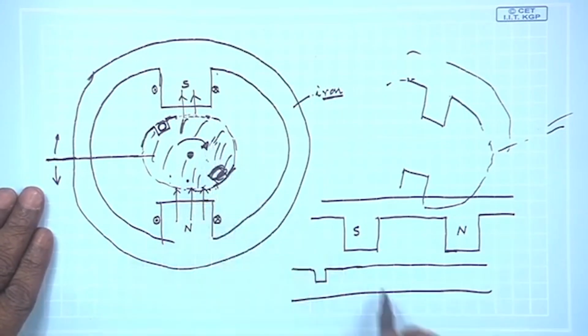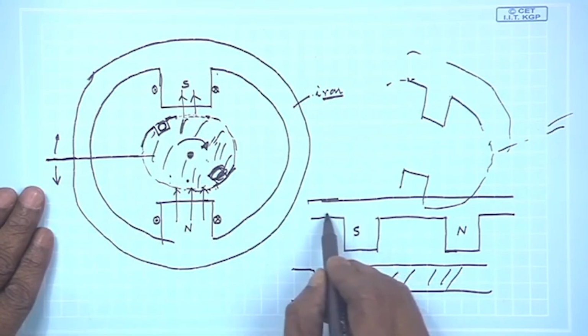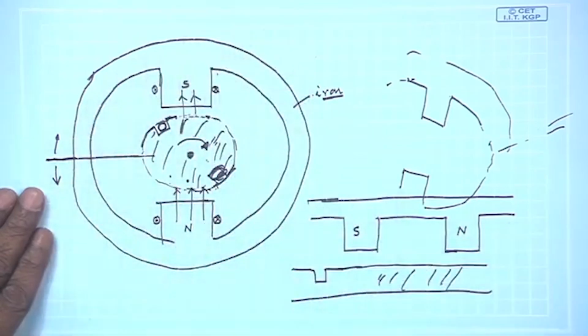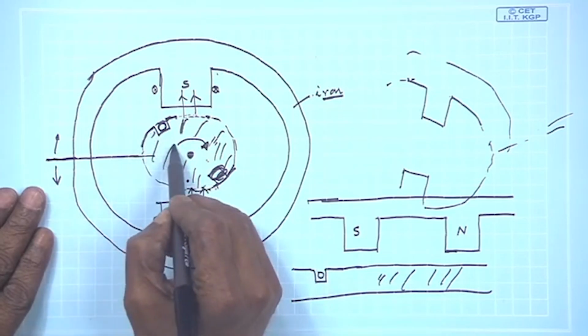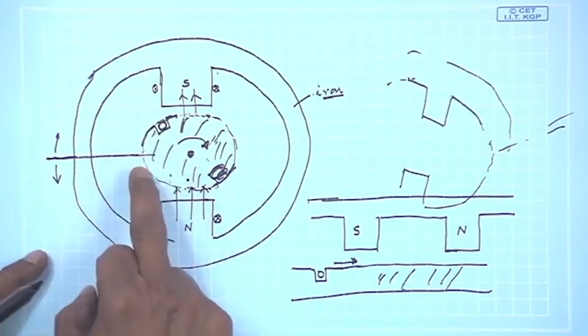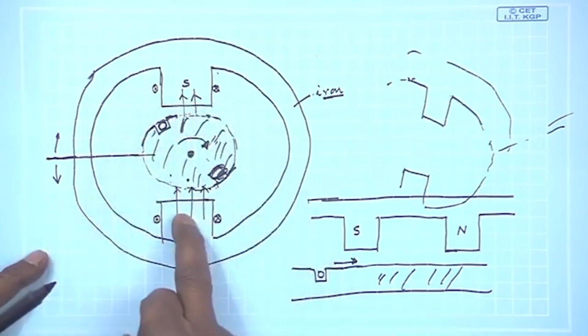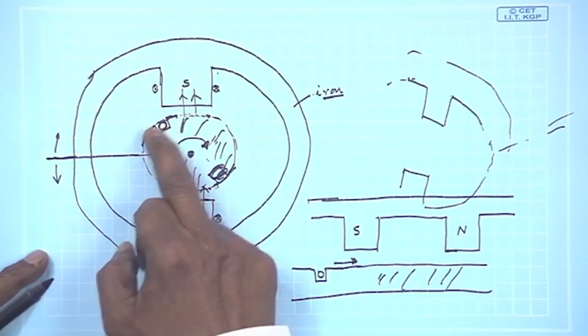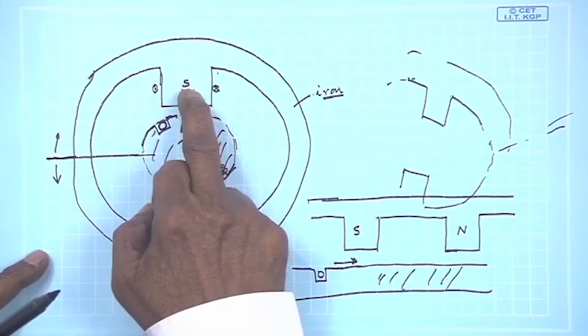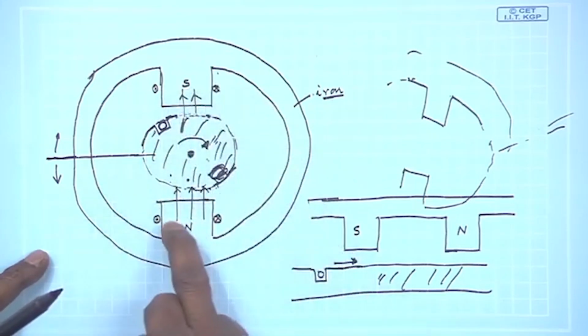this iron is this iron, and this iron is your stationary part iron which is not moving, and this conductor is here. So, it is moving, but here it will be moving like this, and after it crosses the south pole, then the north pole, then once again in this one circular diagram it will face the south pole once again, and once again it will face the north pole.